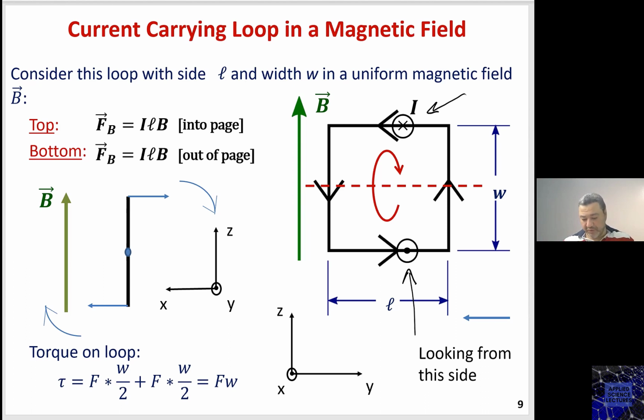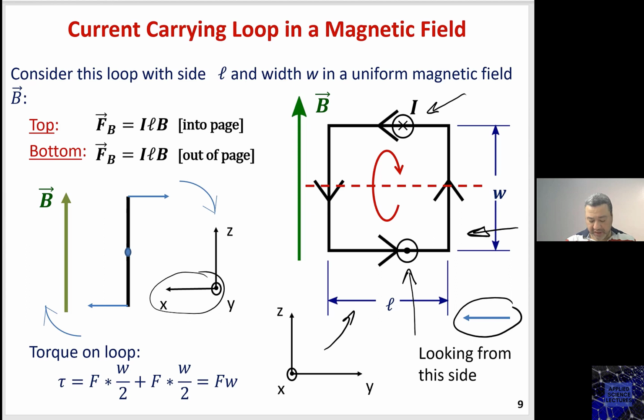Now, imagine I'm looking from this side, at that side. What am I going to see? If these are my coordinates for this structure, and I look at this side, I will see the x-axis this way.